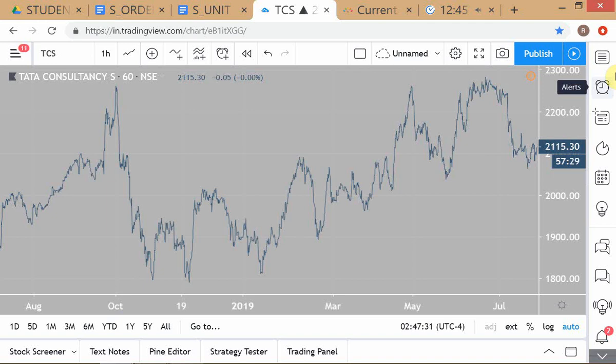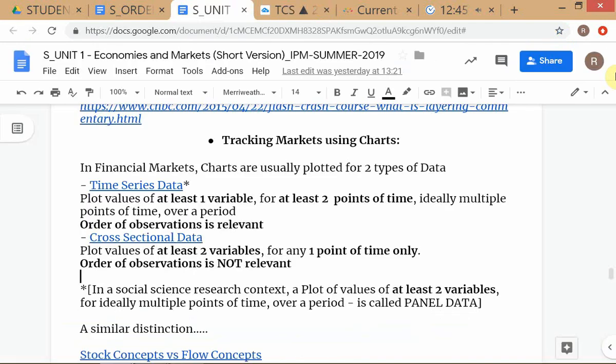This is time series data because essentially it's the plot of, now look at the definition of time series data: at least one variable for at least 2 points of time. Normally when we look at time series data, it is just one variable, but I've written at least one variable because even a comparison is still time series data.